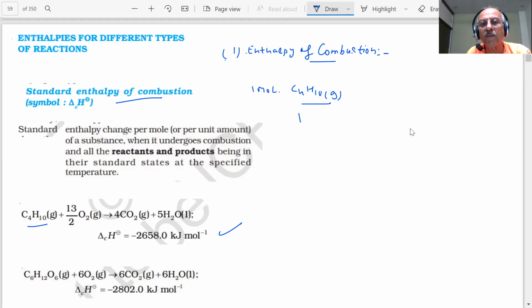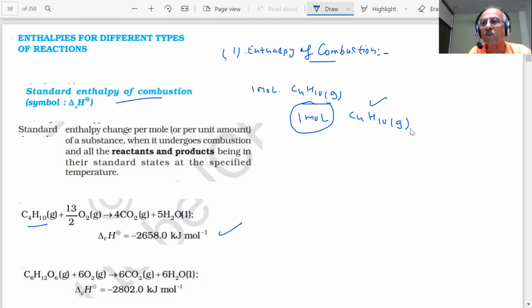That means if I burn completely 1 mole of C4H10 gas, how much heat is liberated? Minus 2658 kilojoules. We are talking of moles all the time.